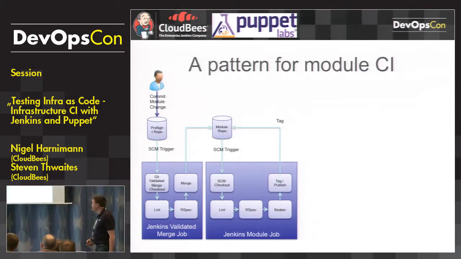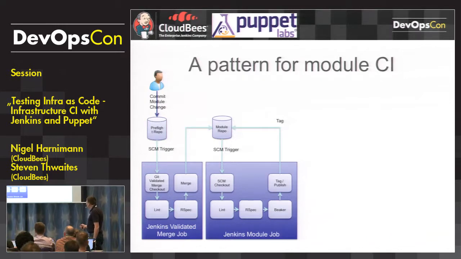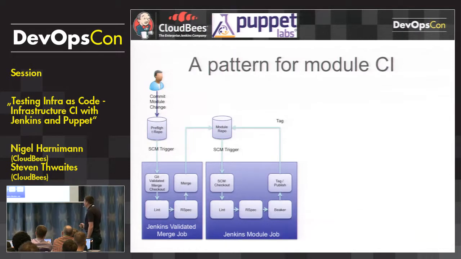So one of the approaches that we propose is having a pre-flight repository that you can commit to. With one of the features in Jenkins Enterprise, you can set up a Git validated merge feature. So you have a pre-flight repository hosted on Jenkins, which receives the commit. We then set up a Jenkins job that will run based on that commit, and it will run a subset of the tests that you care about.